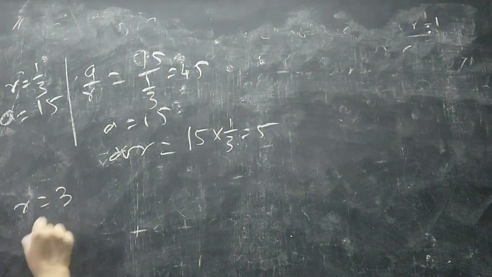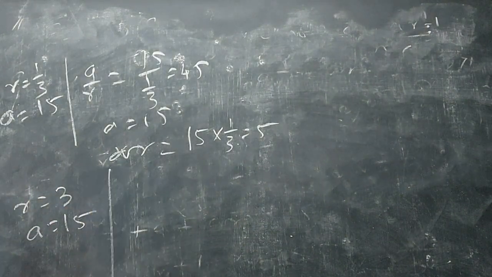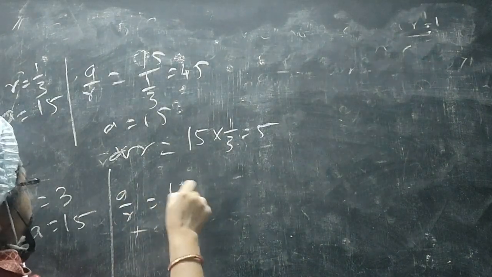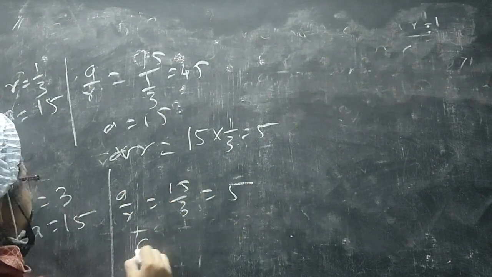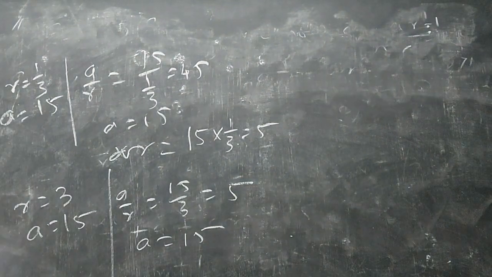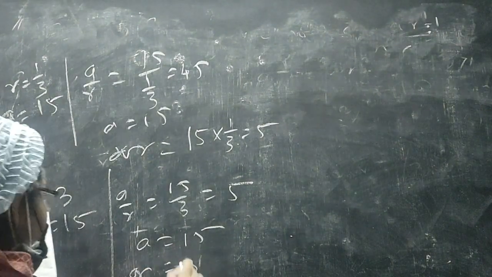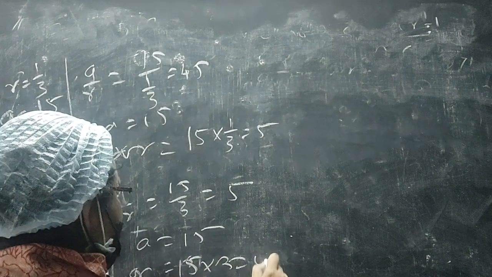When R equal to 3 and A equal to 15, then A by R equal to 15 by 3, 5, A equal to 15 and AR equal to 15 into 3, this is 45.